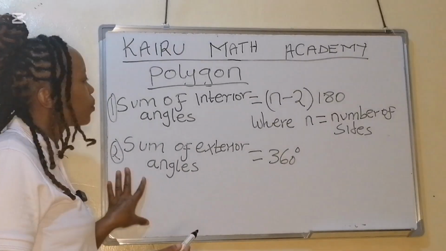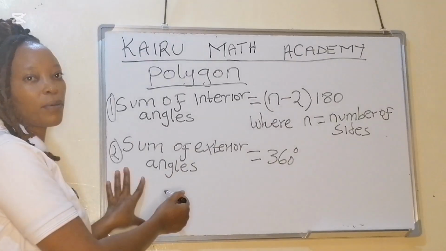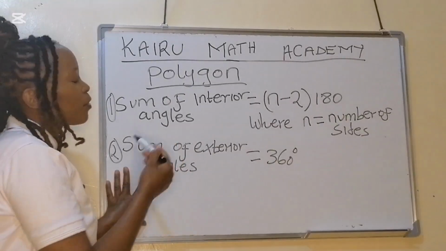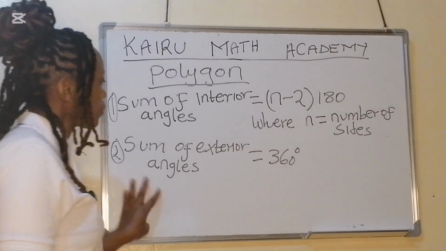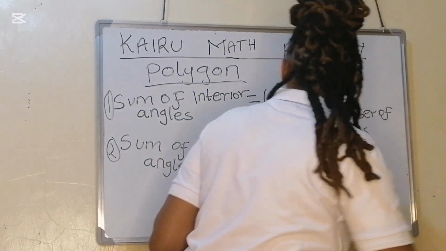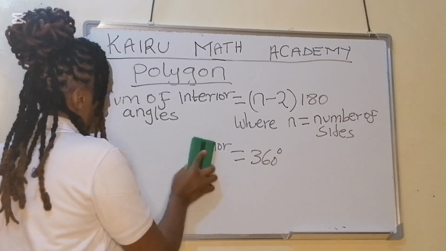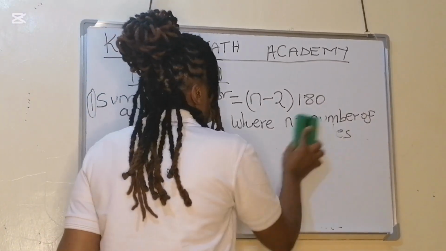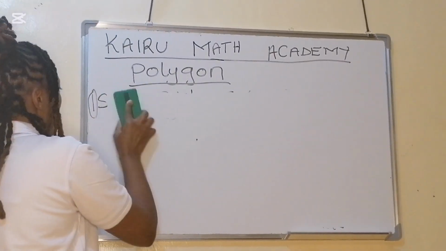You will know which formula to use between the first one and the second one, depending on the information the examiner has given you. So I want us to do an example so that you can understand more. Okay? Let's do an example.